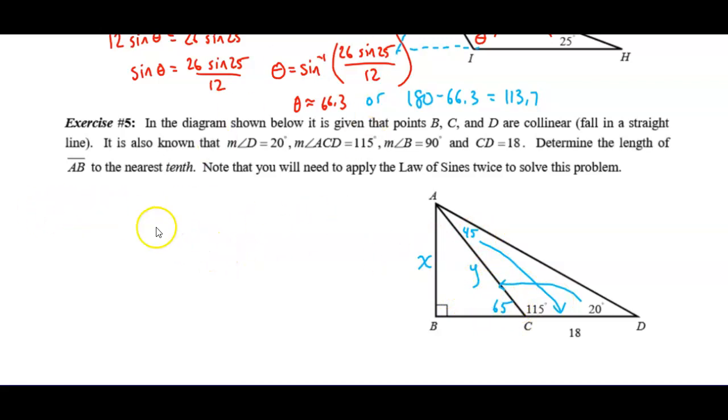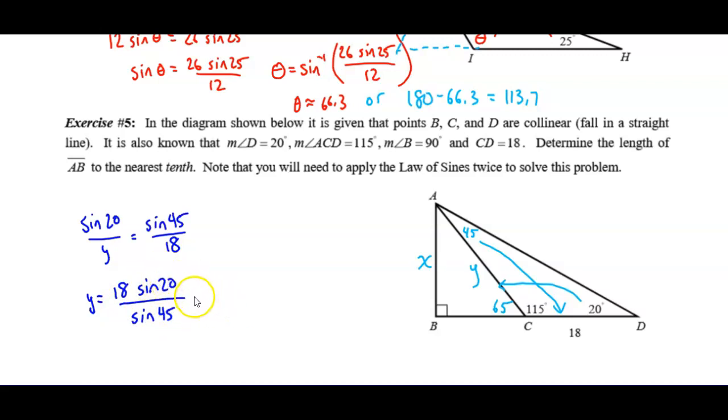Okay, so law of sines says we're going to put sine of 20 over y, because those are connected, and sine of 45 over 18, because those are connected. All right, so my y is going to equal the cross product 18 sine 20 divided by what would be attached to the y, which is sine 45. Just taking a little one-step shortcut there. 20 gets parentheses. When I put that into the calculator, y comes out to be approximately 8.7.